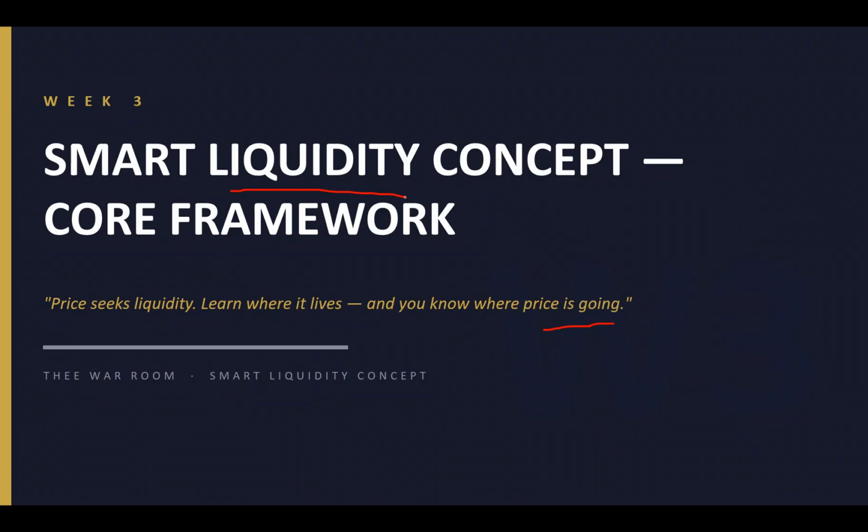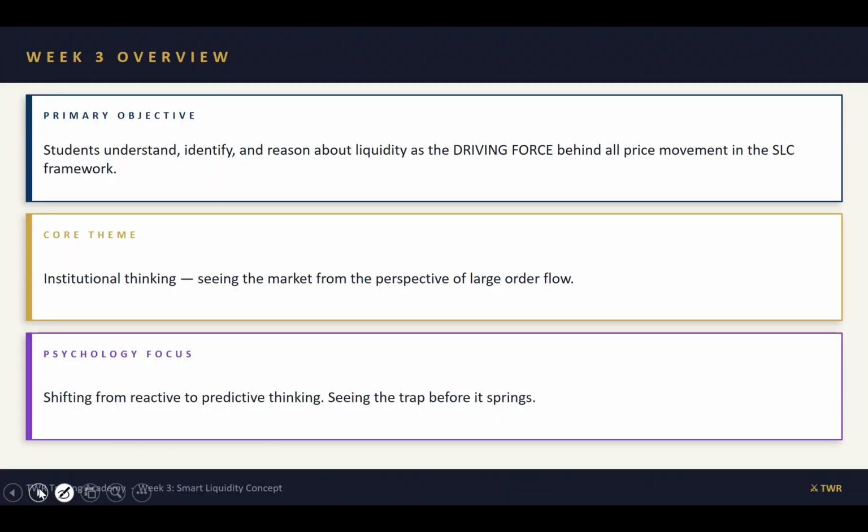I gave an example: let's say you want to buy land worth 10,000 acres. Are you sure you're going to find a seller immediately? No. If you want to sell 10,000 acres, are you sure you're going to get a buyer immediately? Very rare. But in the Forex market, it's possible to buy something worth a million.